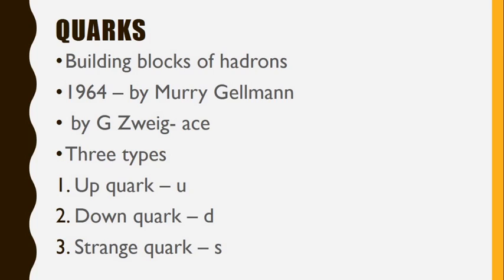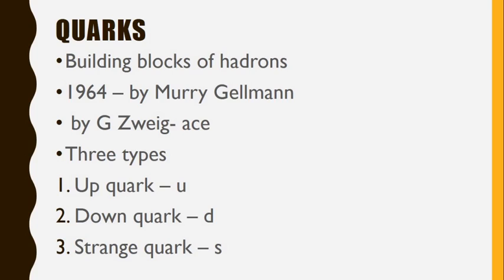Initially only 3 types of quarks were labeled. The 3 types of quarks are the up quark, symbol U, the down quark, symbol D, and the strange quark, S. You know the word strange.